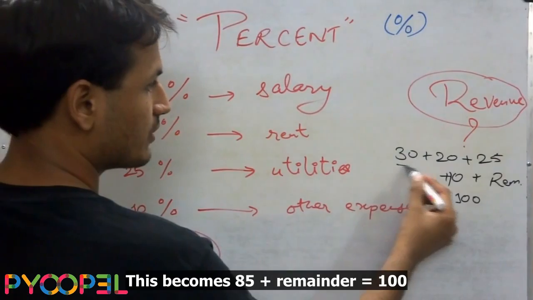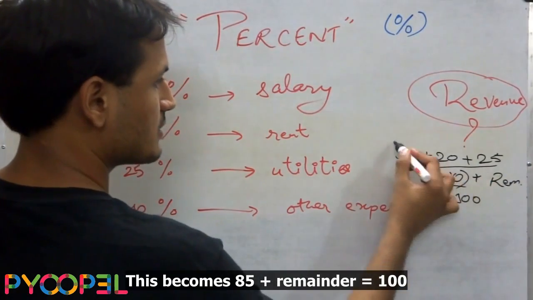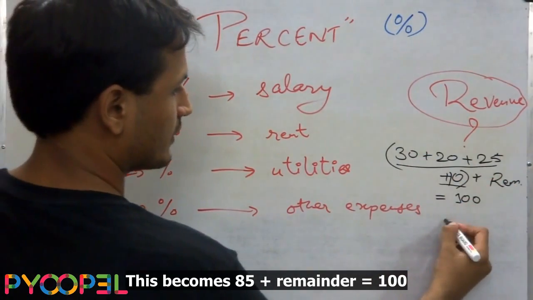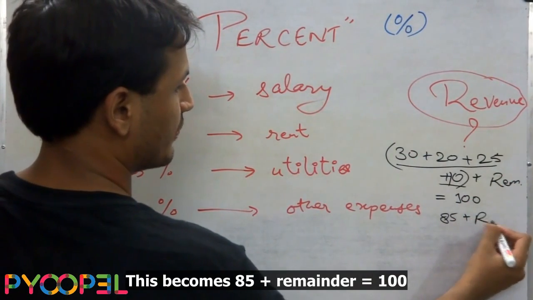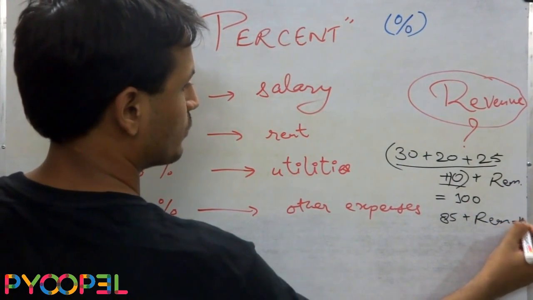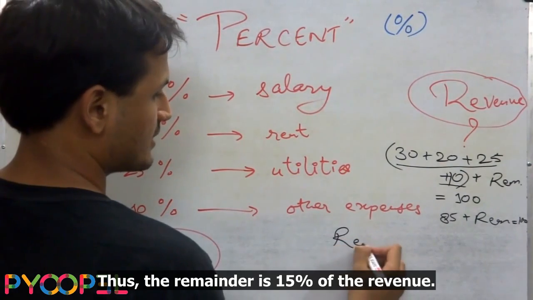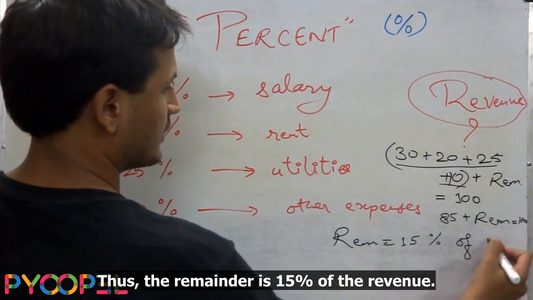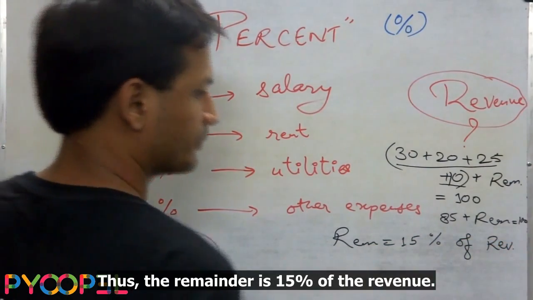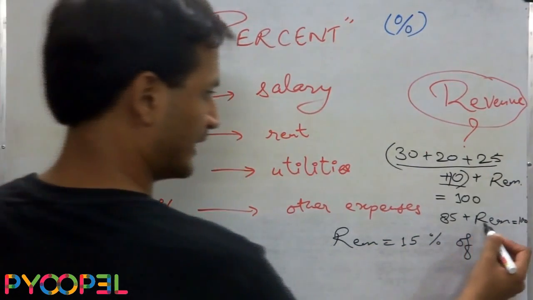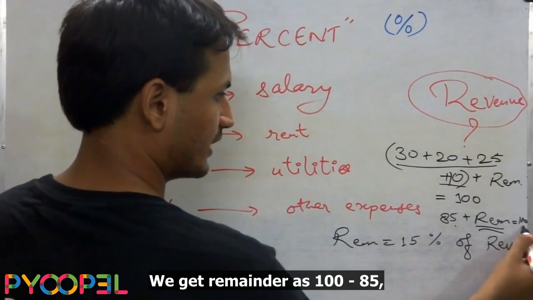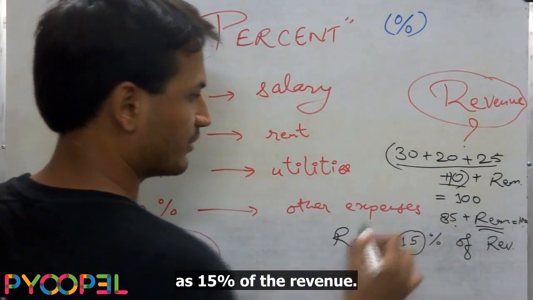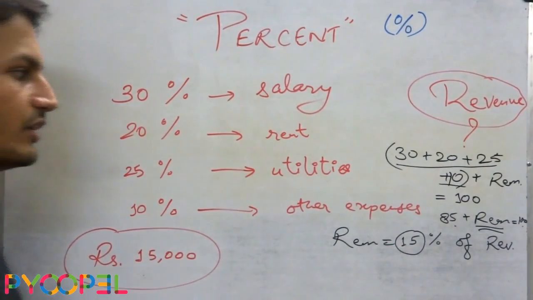So this becomes 85 plus remainder equals 100. Thus the remainder is 15% of the revenue. Okay, we get remainder as 100 minus 85 as 15% of the revenue.